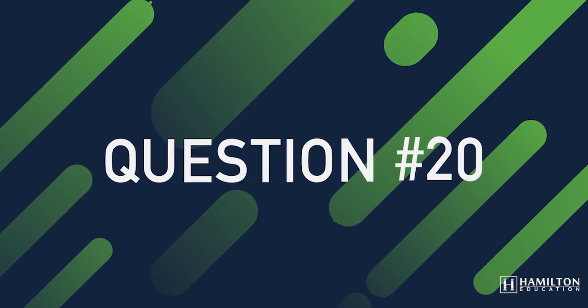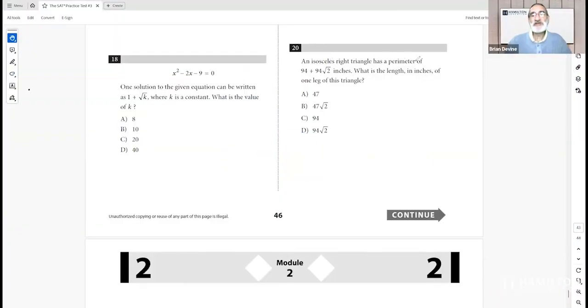Question 20. An isosceles right triangle has a perimeter of 94 plus 94 root 2. What is the length of one leg of this triangle? So if I note the fact that isosceles means that the legs are the same length.